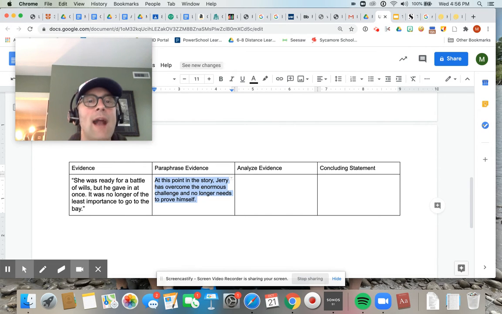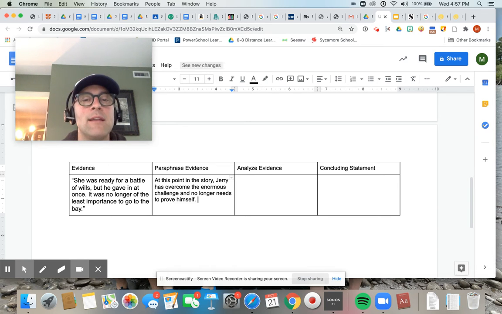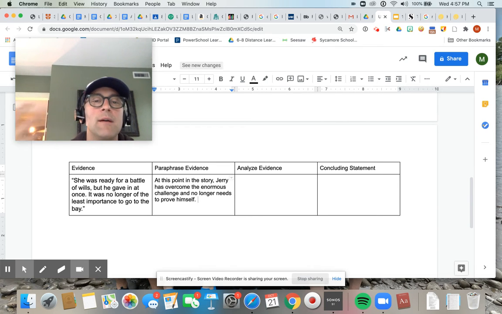So I didn't exactly paraphrase it in the sense of just rewording this sentence. Paraphrasing also includes adding some context. Where are we in the story? Where are we with the character? I didn't retell the whole story, but I did provide some direction that frames this evidence, and I used my sentence starter.